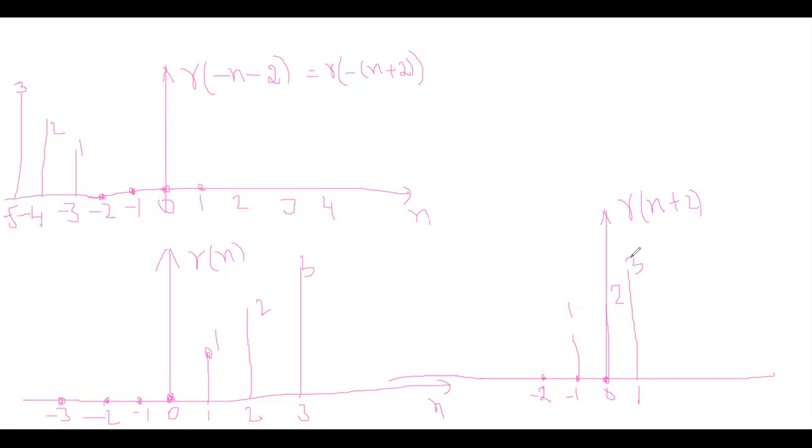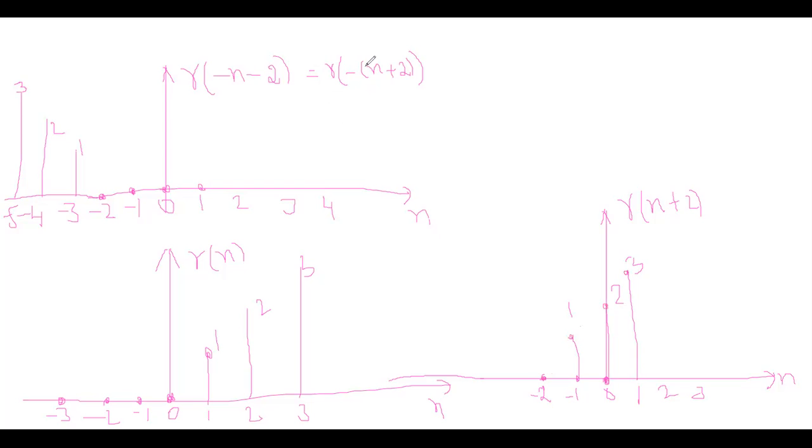Okay, my dear students. And the 2, 3, and so on. So how many samples will we get? The two samples are empty here on the right hand side because it is shifted towards the left side by two samples. So minus 2 is a 0, minus 1 is a 1, 0 is a 2, and 1 is a 3. And here R of n plus 2.